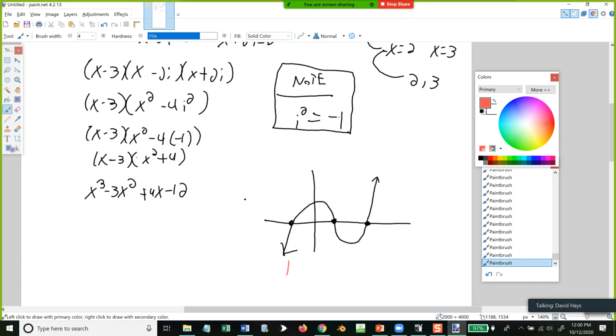I could draw it that way. How many different ways could I draw that polynomial?